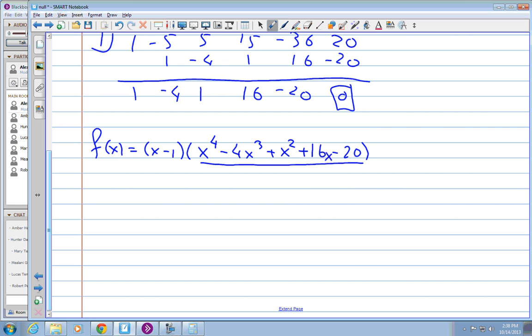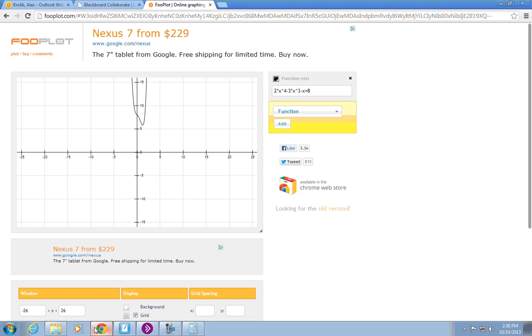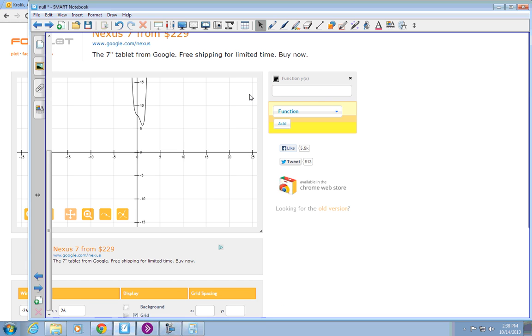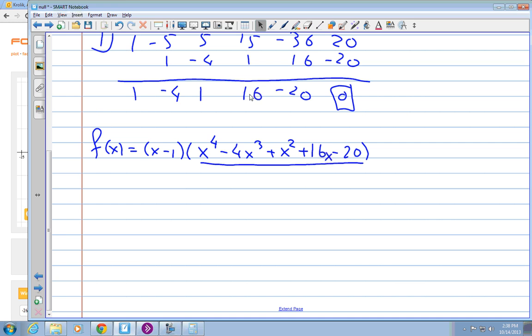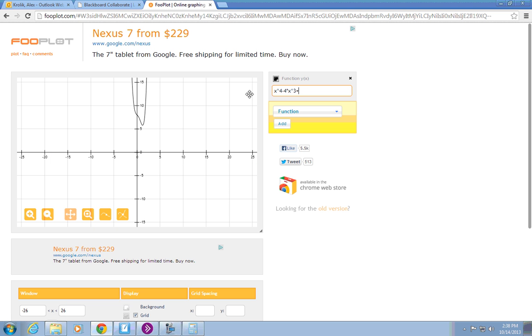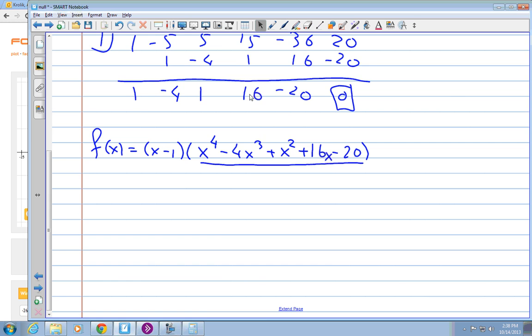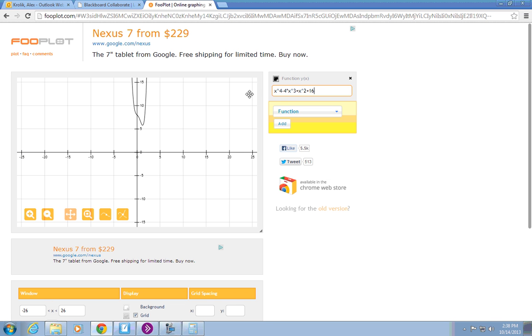So I'm just going to sketch the graph of my quotient: x to the fourth minus 4x cubed plus x squared plus 16x minus 20.